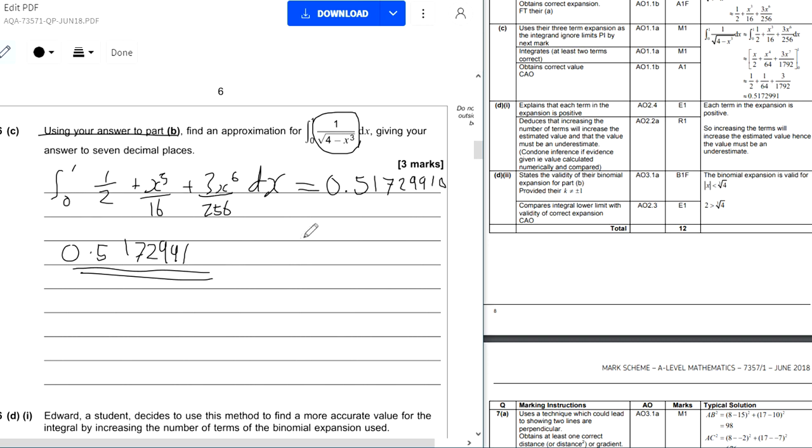The first mark being identifying the substitution, the second mark being the actual answer. So method marks, they exist. Honestly, I thought you could just show it because it's calculator, but I guess not.